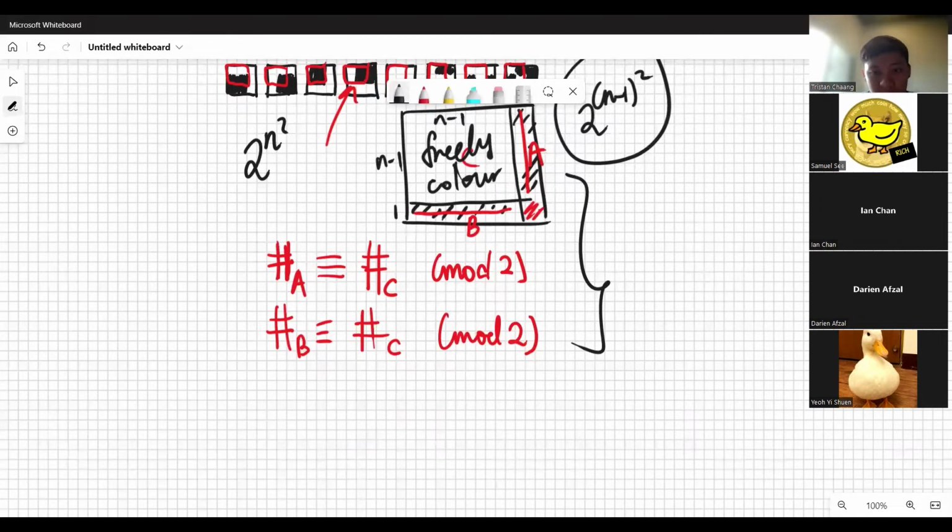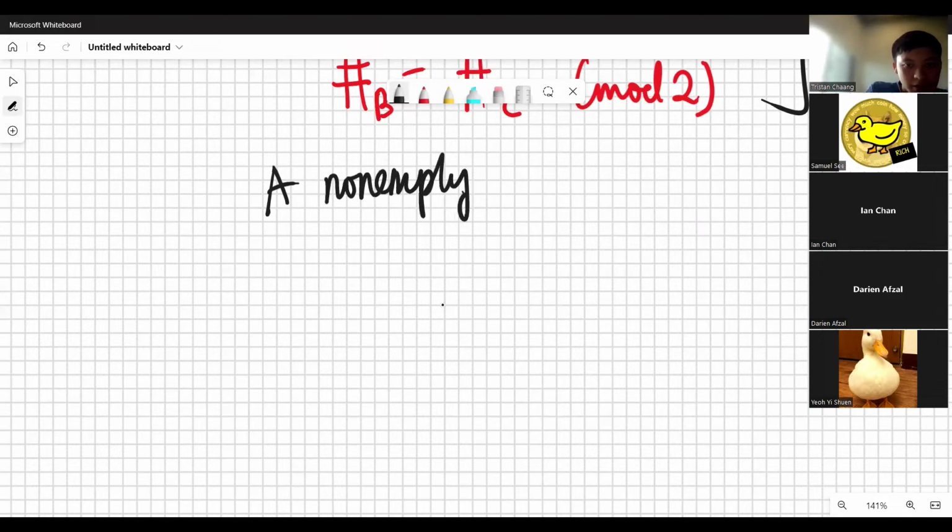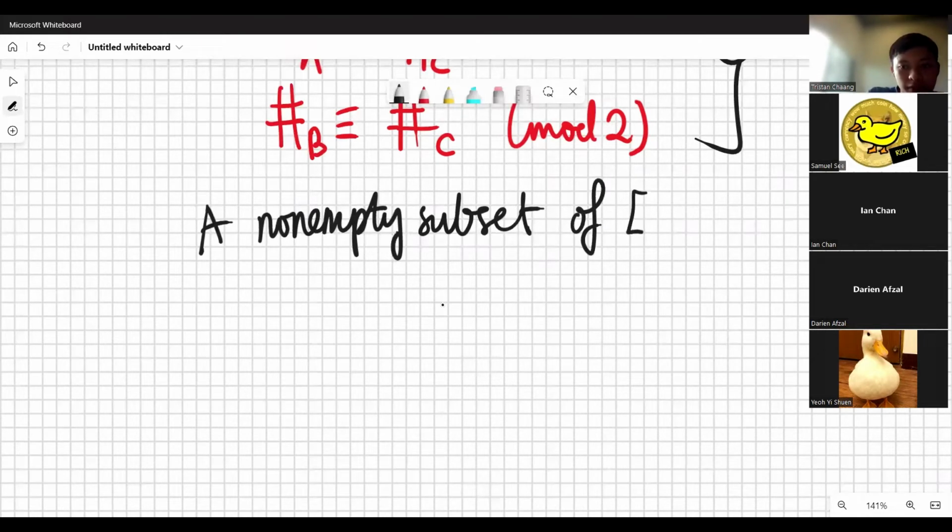This one's quite nice also, and is a fairly difficult one. So a non-empty subset of this is, quote, nice if the following 2 conditions are met.